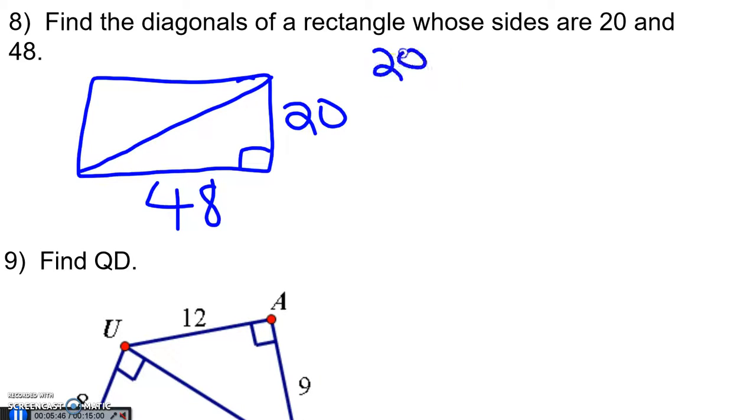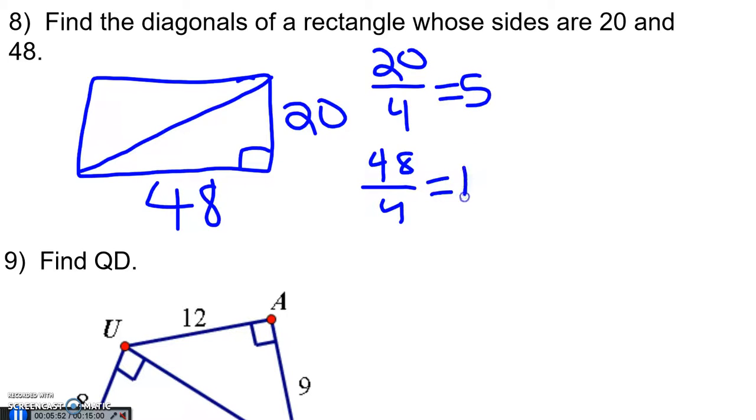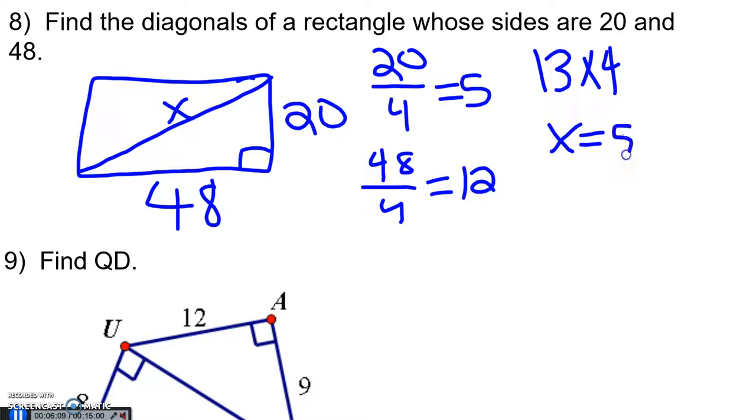So 20 divided by 4 equals 5, and 48 divided by 4 equals 12. So our triangle is 5, 12, and then our hypotenuse is going to be 13. But we need to multiply it by 4. So that will give us our diagonal length of 52, so x equals 52.